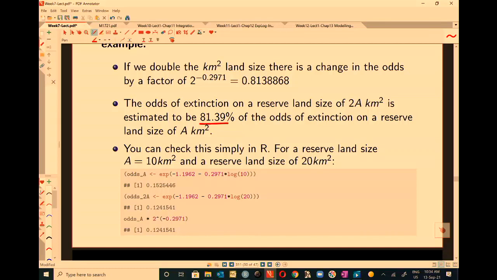Here it takes a look at 10 and 20 in particular to do the calculations. You can look at the numbers yourself, but the idea is still that because I'm doubling it, it's going to be k to the beta 1 in this case. You can see the odds work out to be 0.15, and this is 80% of that essentially.